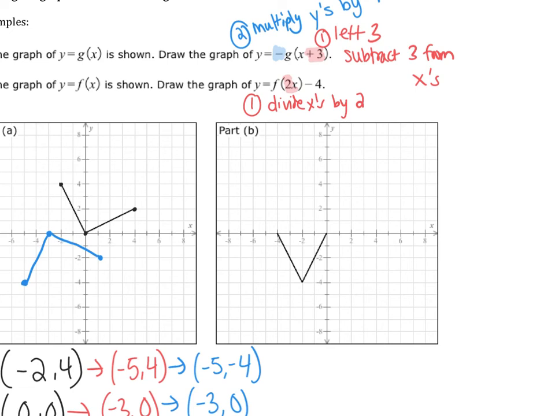And then in the second part, we have a -4 on the outside. And remember, a -4 on the outside tells you to move down 4, or subtract 4 from the y's. Okay, that's what the second part is telling you to do.